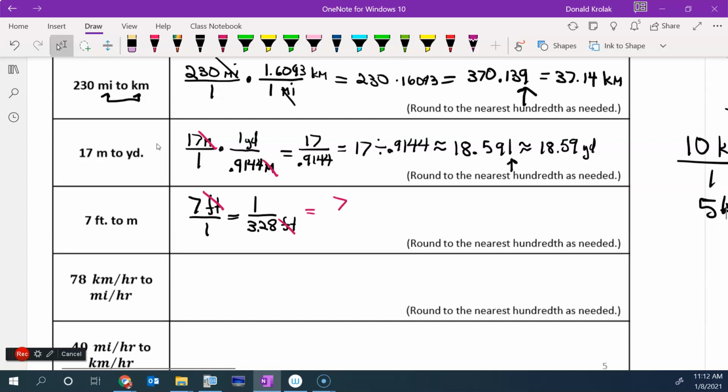And to solve this, I'm going to end up dividing. 2, 1, 3, 4.